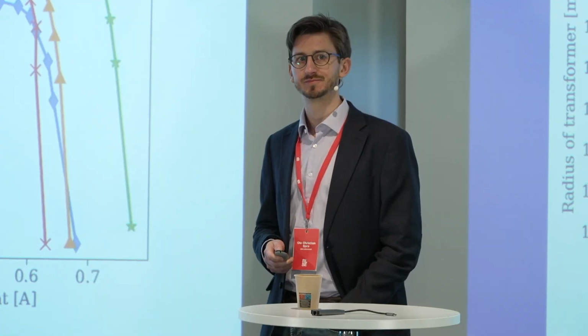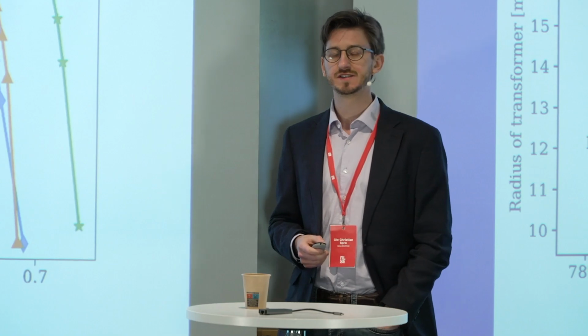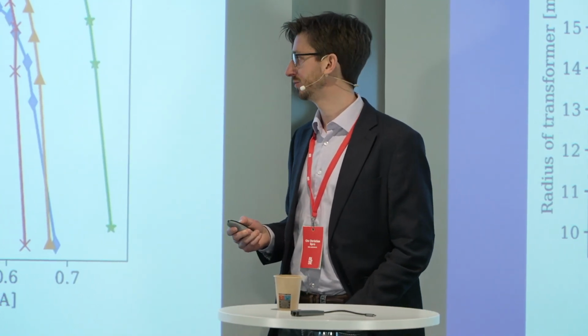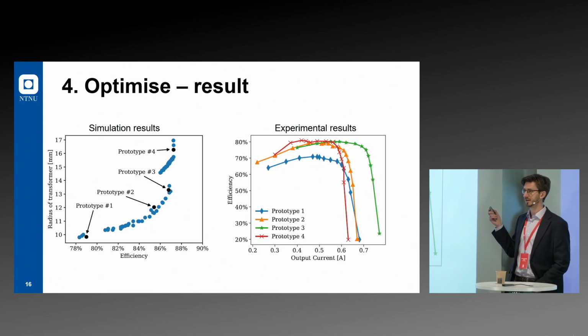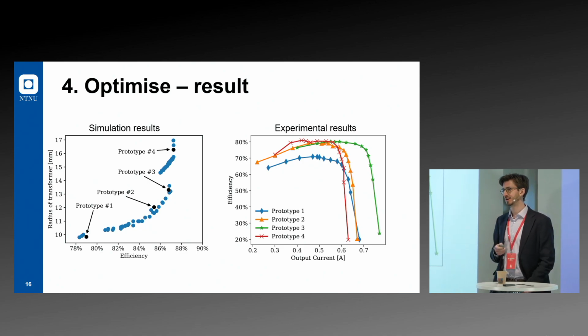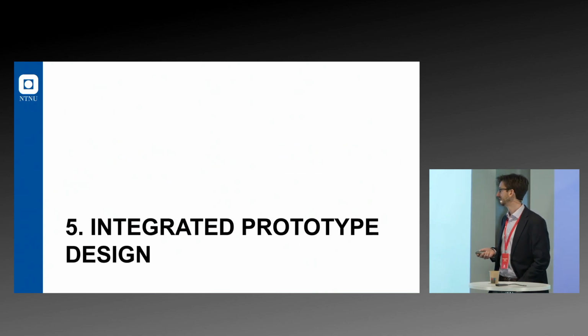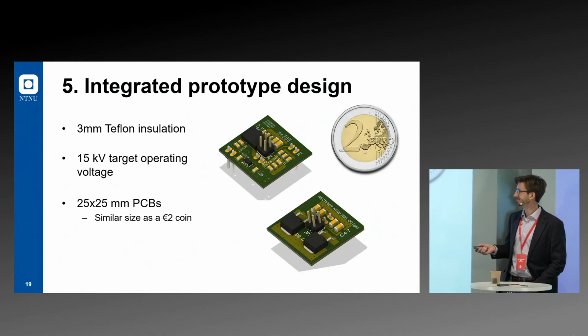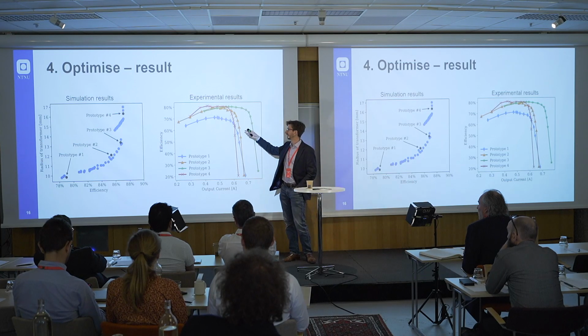So there are several things. One reason for the large discrepancy between the experimental efficiency and the simulated efficiency is for a large part the gallium nitride. I have a hidden slide somewhere. The simulated operation would be 5-6% higher.